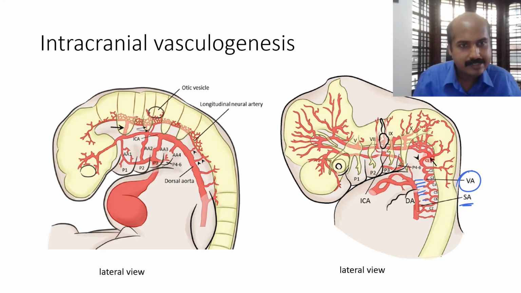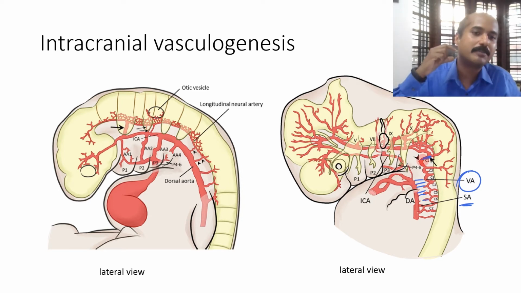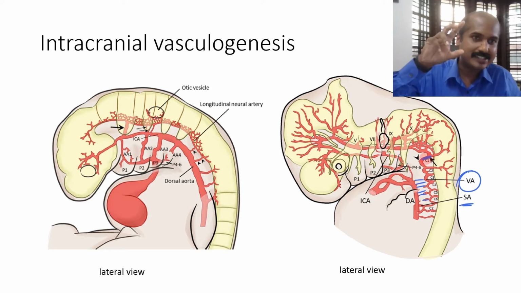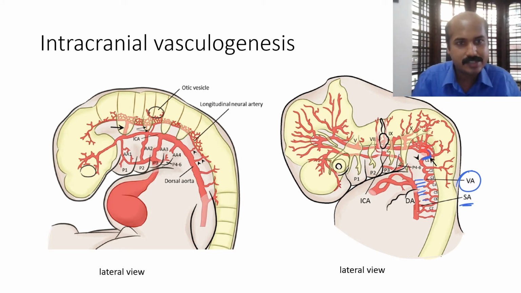And the vertebral artery gets connected to the longitudinal neural system. I mentioned that this is the first cervical intersegmental. The distal part of the first cervical intersegmental remains as the horizontal suboccipital part of the vertebral artery. That is the V3 segment of the vertebral artery, and that continues as the vertebral artery and into the basilar artery. That is when the longitudinal neural system gets its blood supply from the vertebral artery.